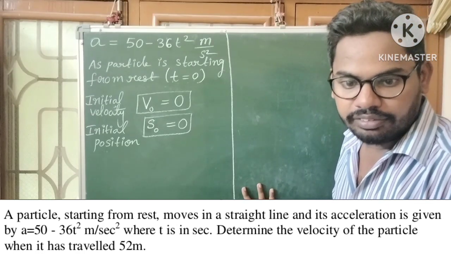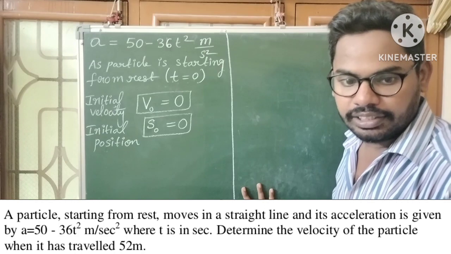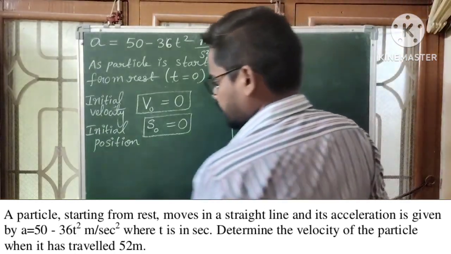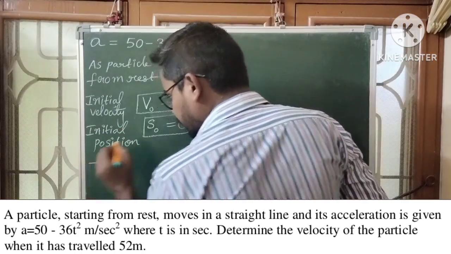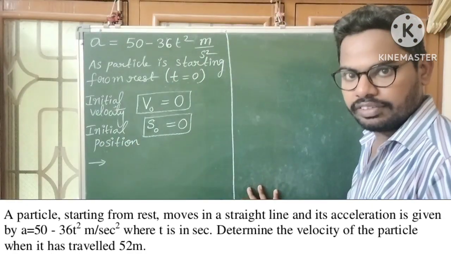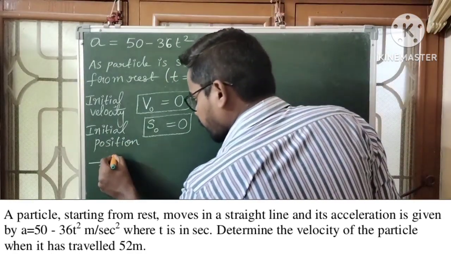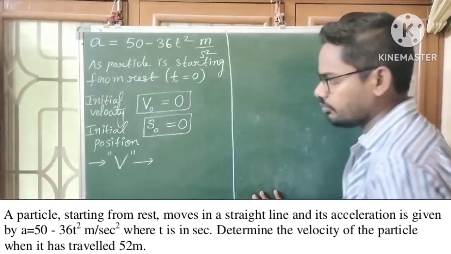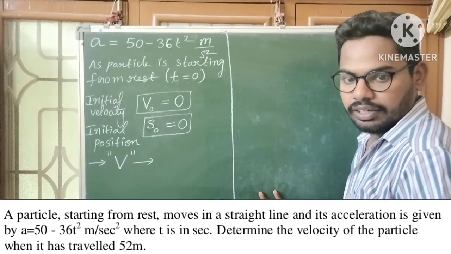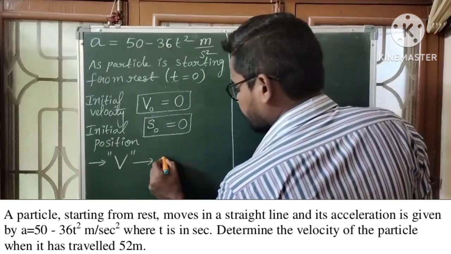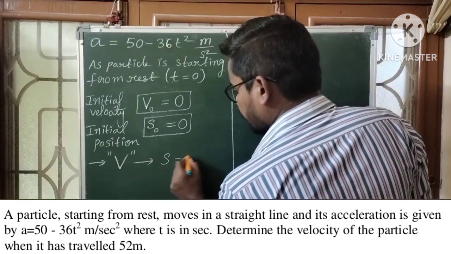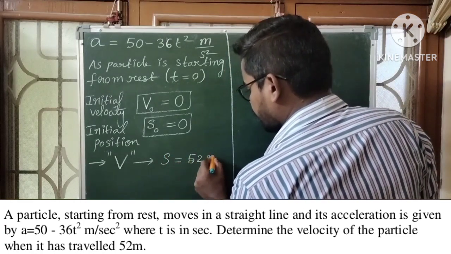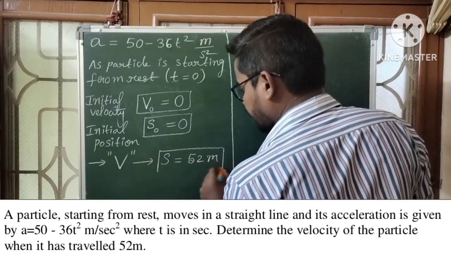Next, determine the velocity of the particle when it has travelled 52 meters. So our ultimate goal or objective is to find the velocity of the particle when it has travelled 52 meters. How much distance? 52 meters.